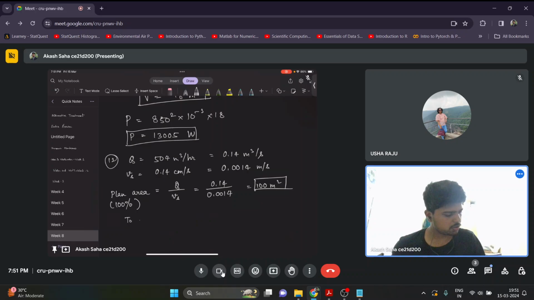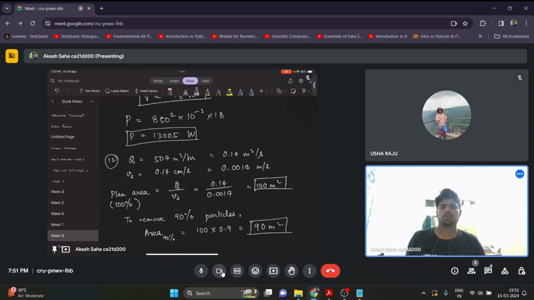So to remove 90% of particles, my area for 90% will be equal to 100 into 0.9, so 90 meter square.